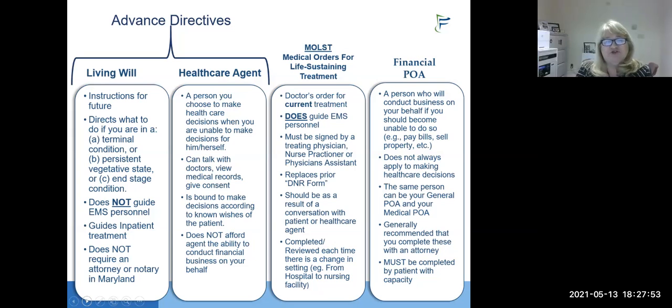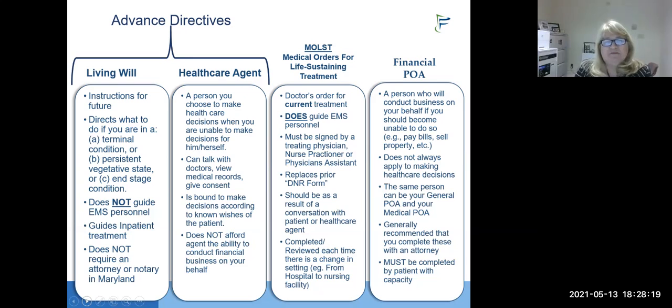But the living will involves instructions for the future care, things that you would want to have done in the future when you can no longer make your medical decisions. But it involves three things. A lot of people think, well, if I sign a living will and I'm in an accident and there might be a chance of me surviving, I don't want them to look at my advanced directive and think that I don't want anything done.